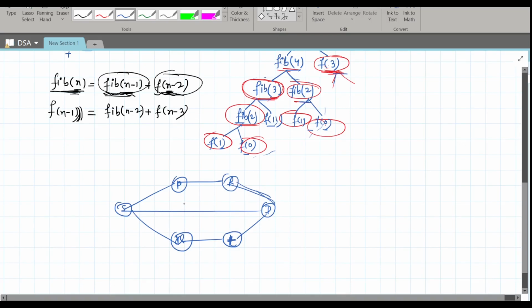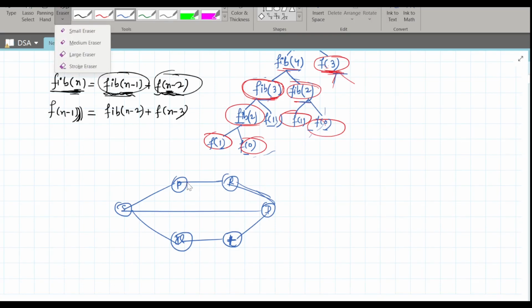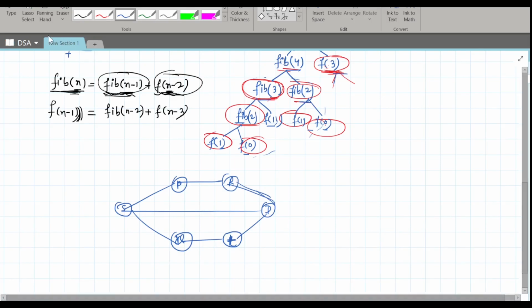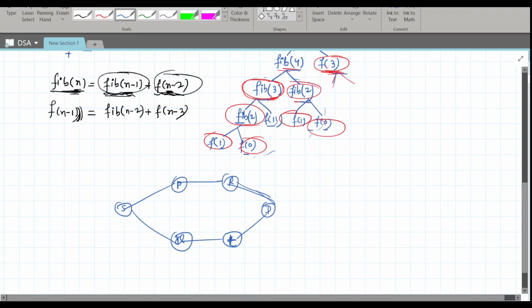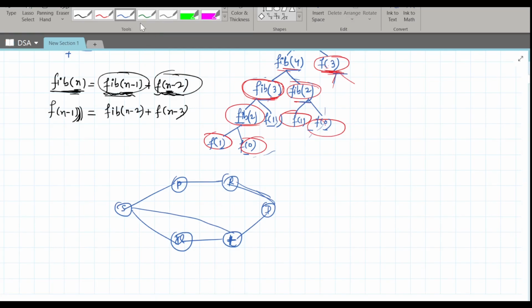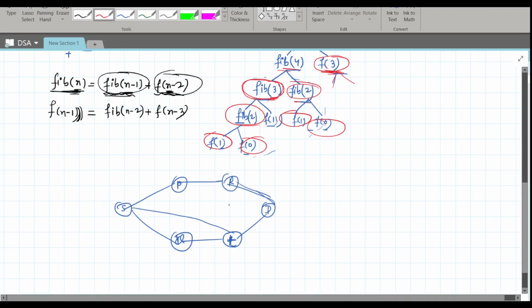So what will be the shortest distance here? There can be many ways to solve this problem.